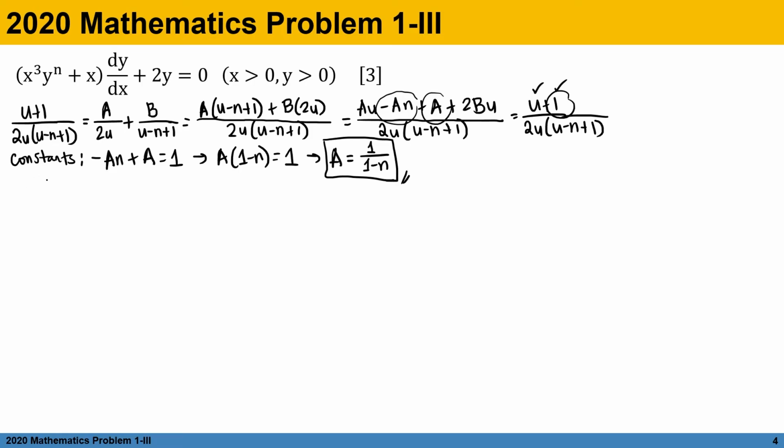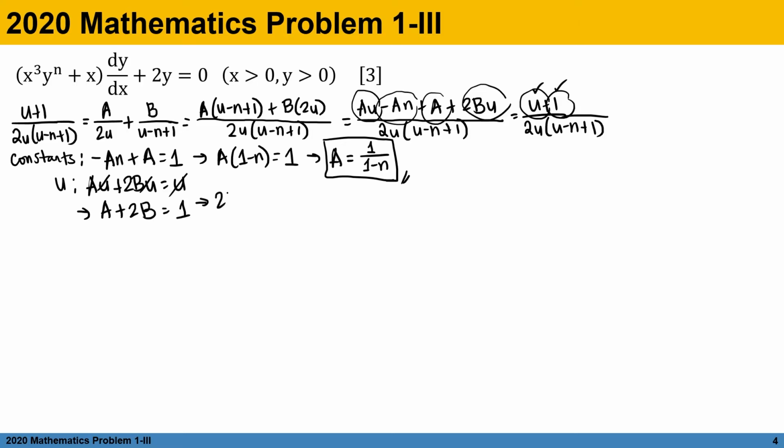Next, we compare the coefficients of u. So u here has coefficient of 1, and then we have Au and 2Bu. So we have Au plus 2Bu equals u. So we cancel all the u. We have A plus 2B equals 1.